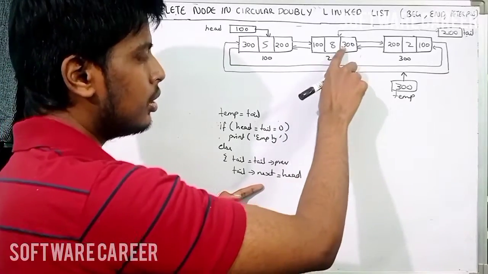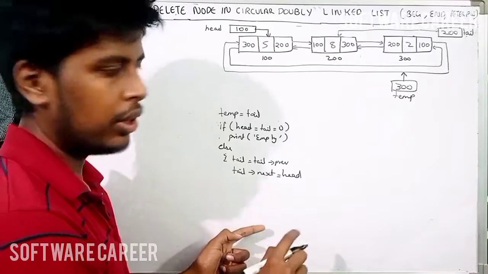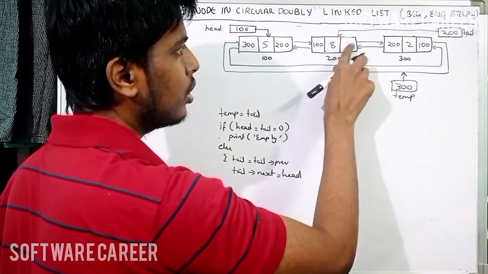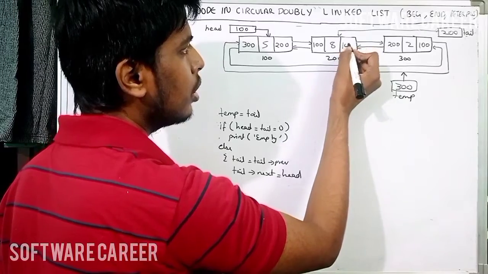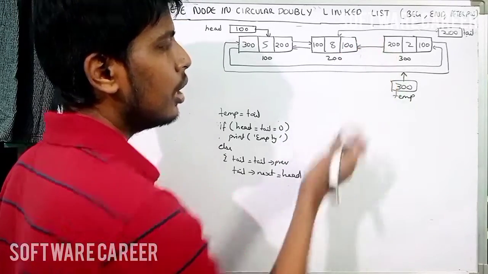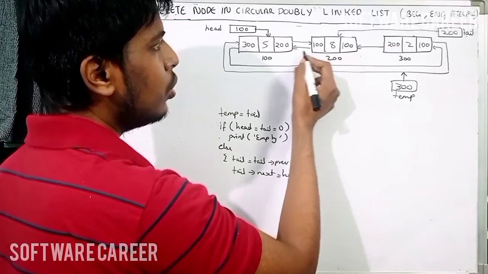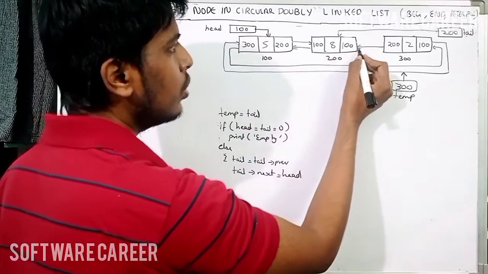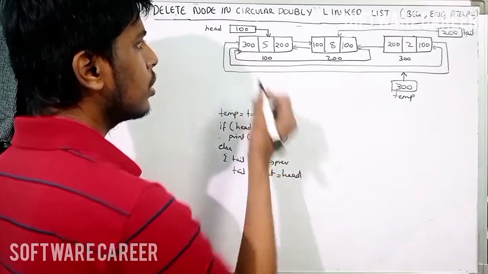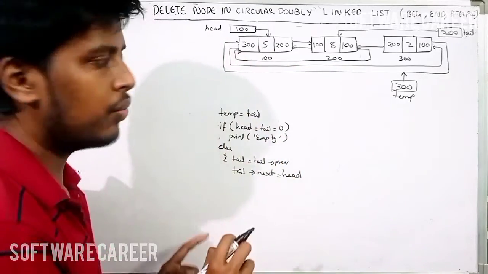In this, 300 is changed to the head value. Head is 100. So 100 is put over here. So this link is getting cancelled. Now this pointer is pointing to the node which has address 100. So it's pointing to this node, the first node.